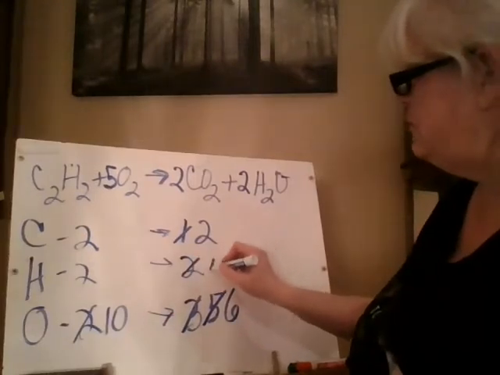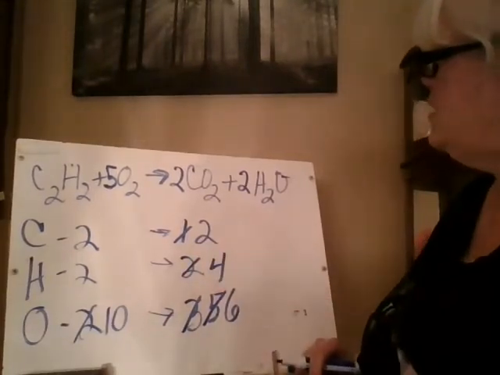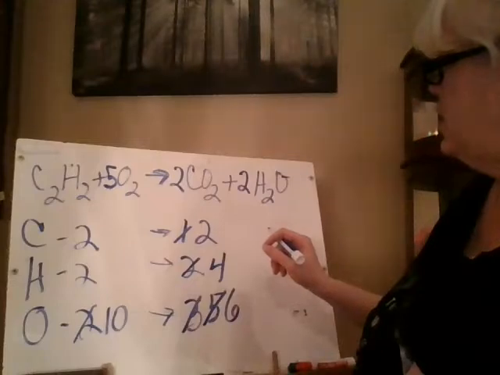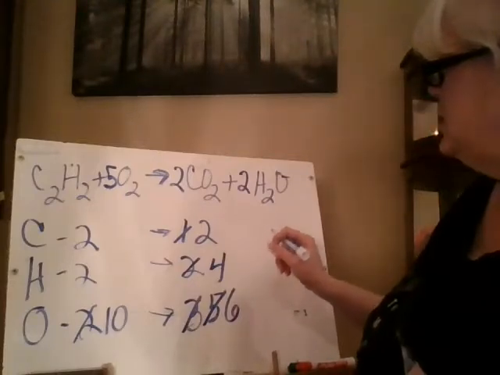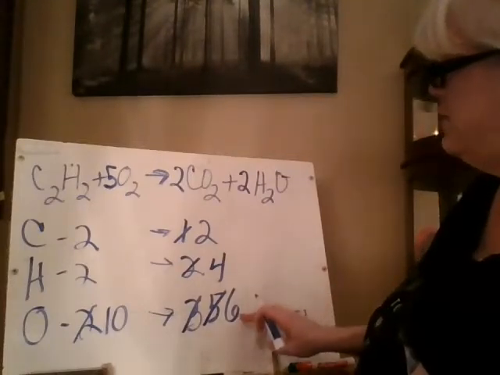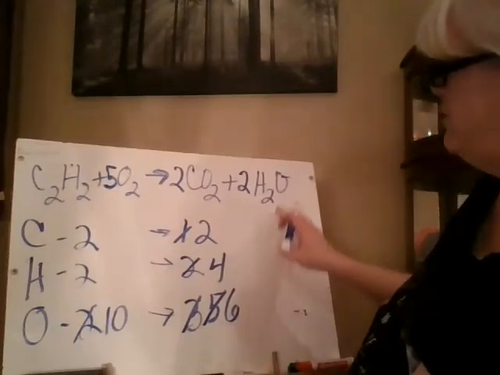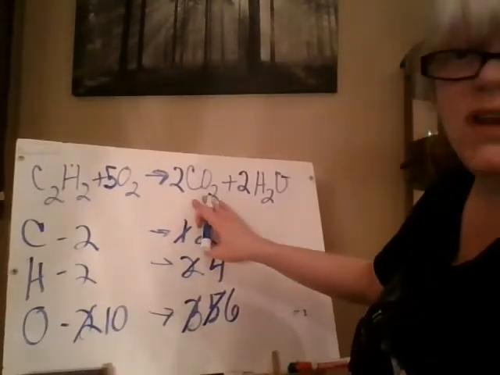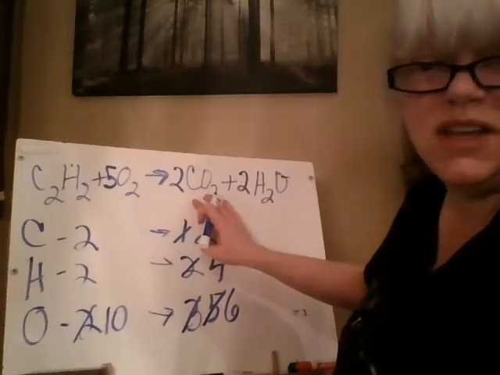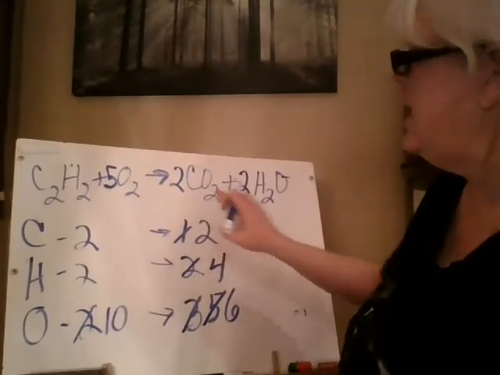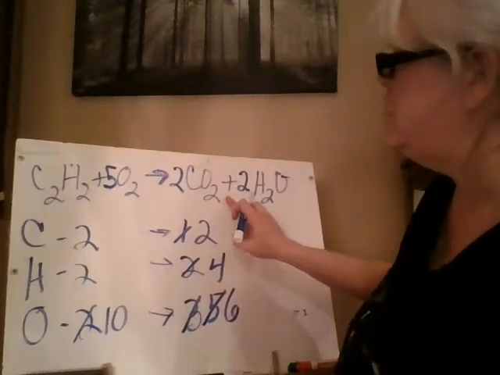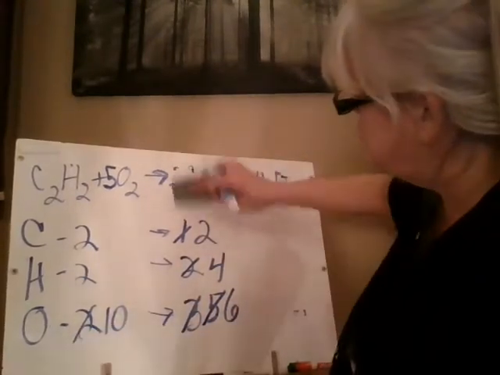That gives me a total of 4. All right. Now, I still need to get 10 oxygens. So if I have 2 here, how many would I need to add to it to get 10? 8. Can I make O2 into 8? Sure I can.